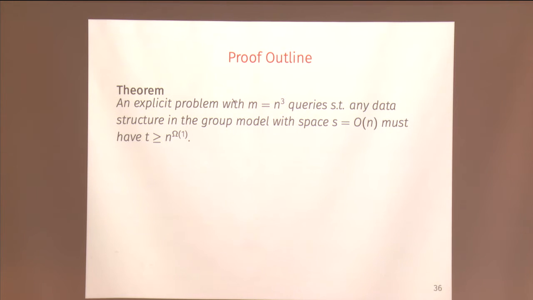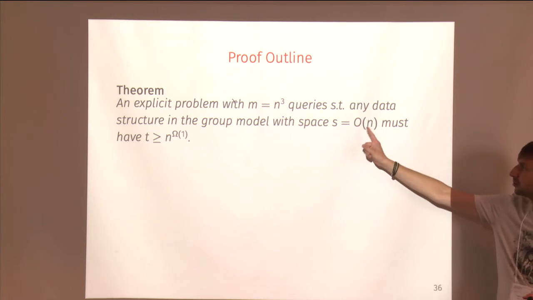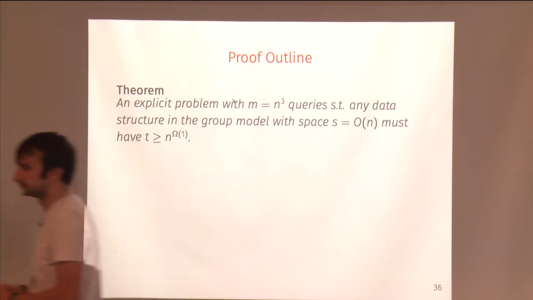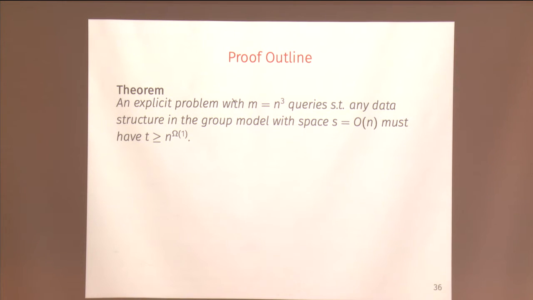There are many things we would like to improve, of course. In the semigroup model, Chazelle can prove strong polynomial lower bounds, even for superlinear space, where you don't have negations. But you want to show the full time-space trade-off? Sure.